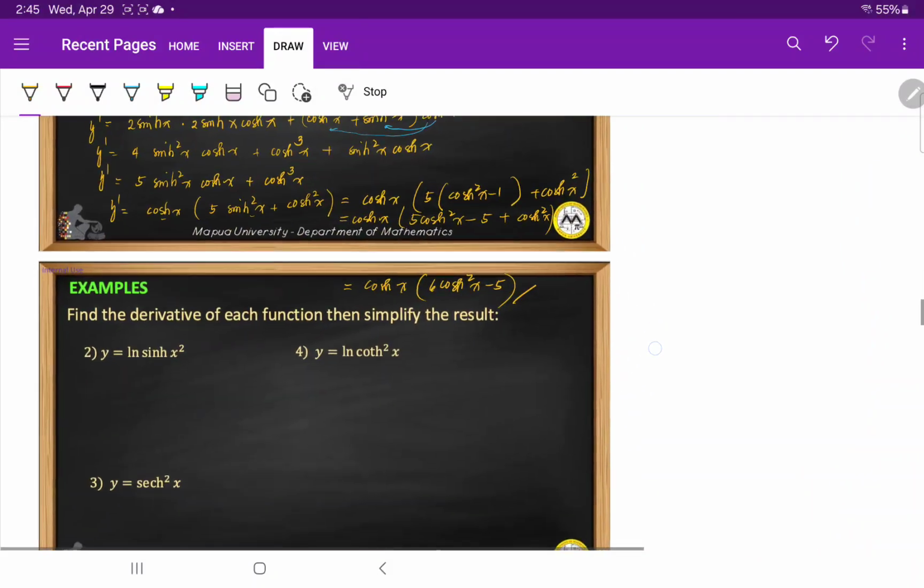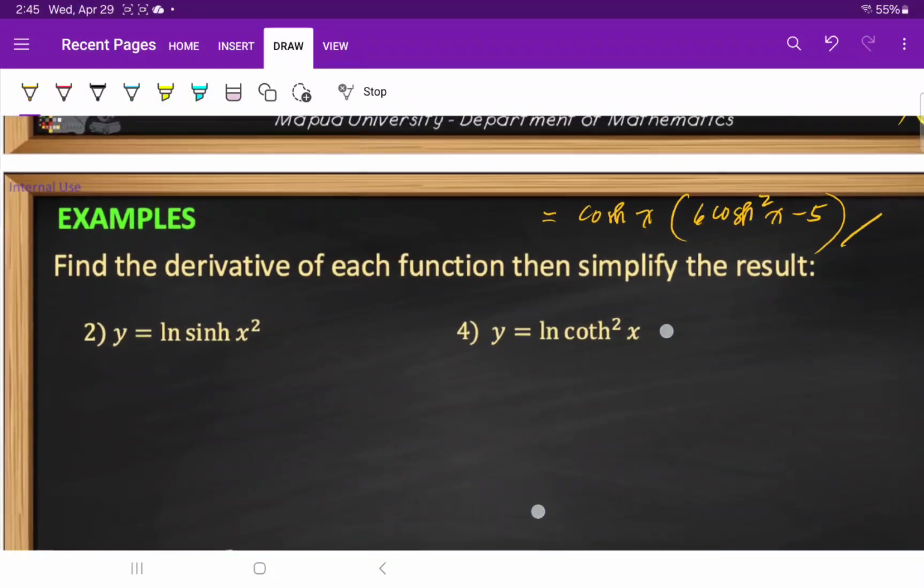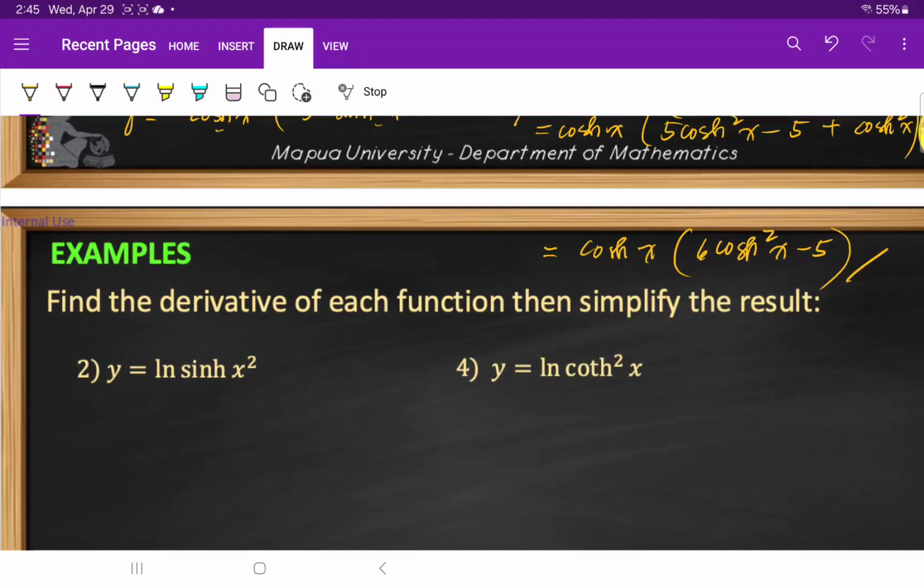Okay, now the next is, how do we find the derivative of this one? So what formula will you use first? ln of u. So the derivative of ln of u is 1 over u, and your u is hyperbolic sine x squared, times the derivative of hyperbolic sine, which is hyperbolic cosine of x squared times 2x.